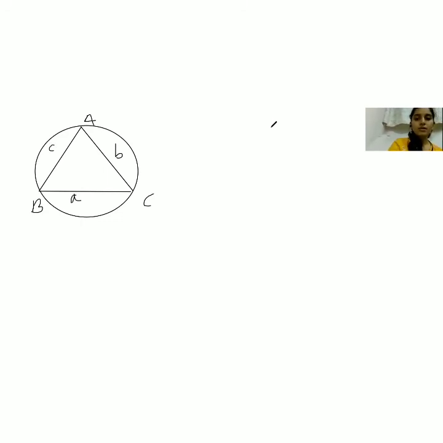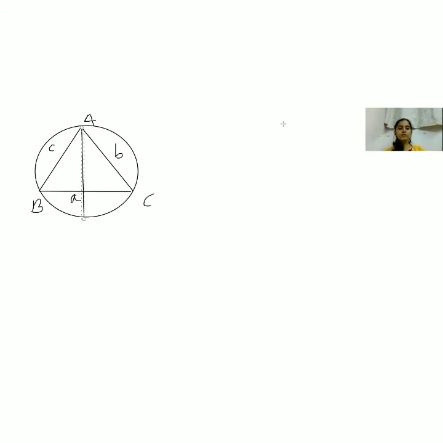Now we are going to draw the diameter of this circle, starting from A. So that is your construction over here.